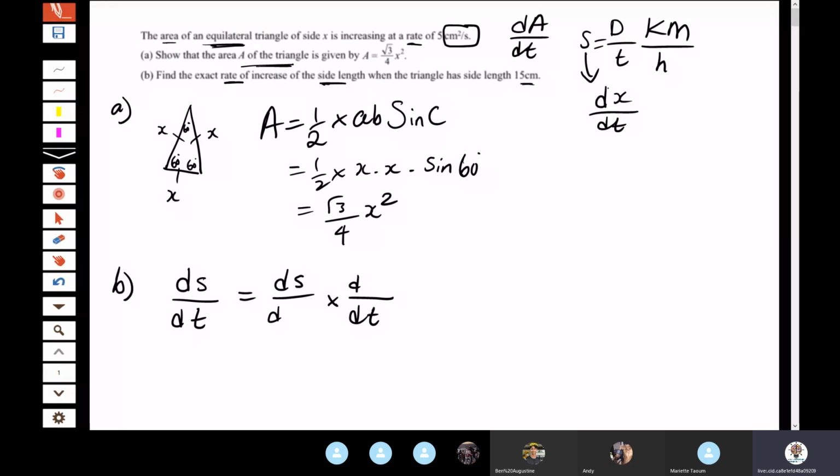D is just a change in your displacement with respect to time. Now, that became kilometers per hour. So the trick is the top unit you'll have in your rates is going to be the family that this is coming from. And then the same thing with the bottom. If that is in h, well, the family of hours and minutes and whatever is all with respect to time.